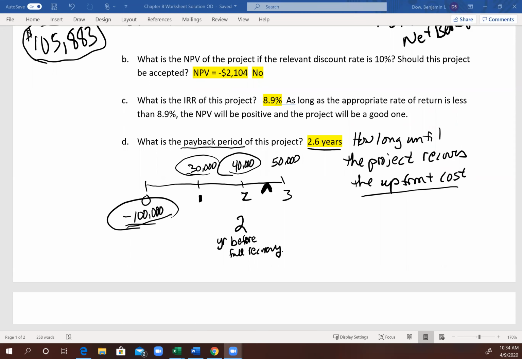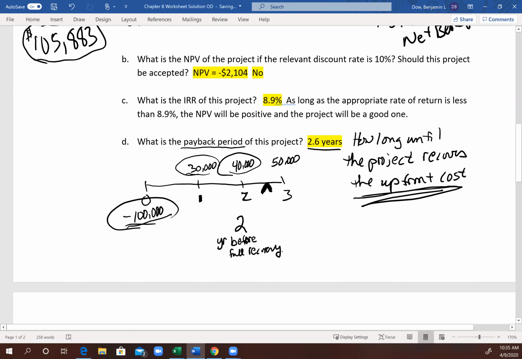All right. So what is the payback period? It's how long until the project recovers the upfront costs. In this case, somewhere between year 2 and year 3. If we had 100,000, we got back 30 in year 1 and 40 in year 2. That's $70,000. But in year 3, we got back more than the 30,000 we were short.